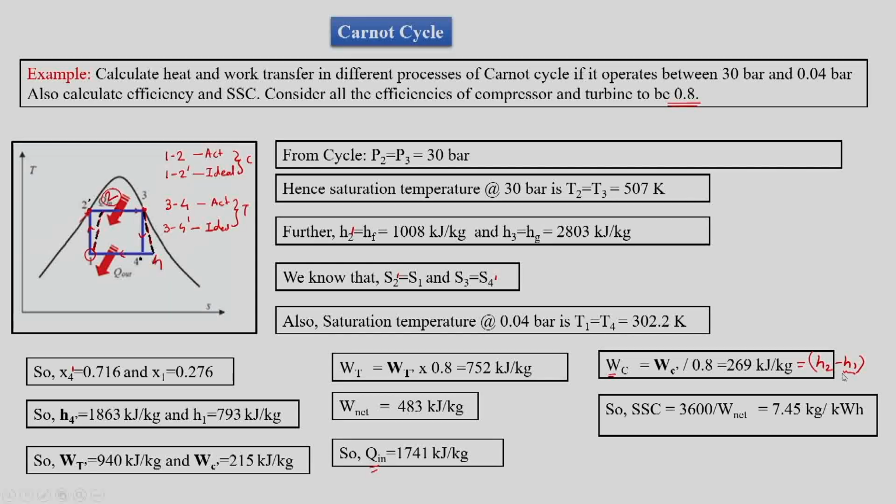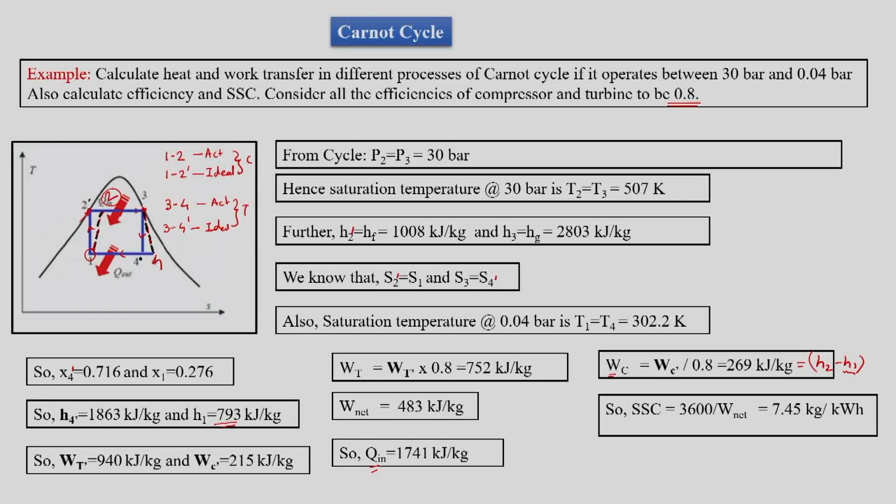Here we have found out H1, so knowing H2 minus H1 we find H2. H3 is also known, so H3 minus H2 is Qin. This was one more thing to be noted over here.